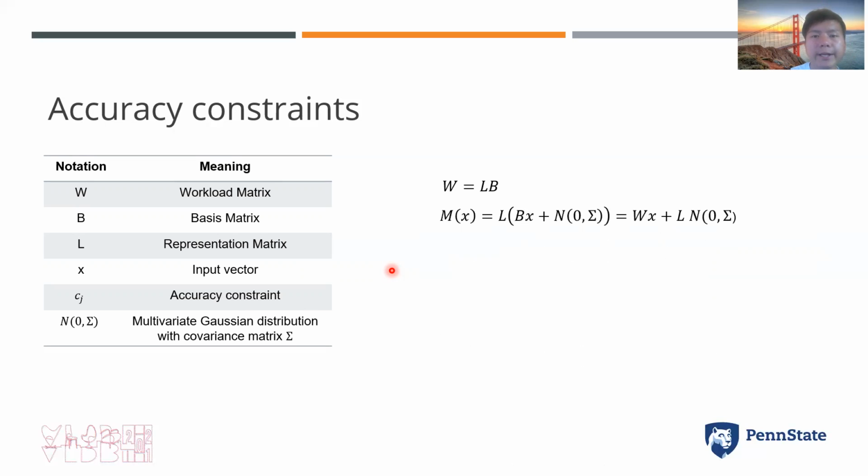The mechanism here is we add independent Gaussian noise to the base queries, and then we represent them back to answer the workload W. In this representation, we can calculate the variance of each query. It's the jth element of the diagonal of L sigma L transpose.